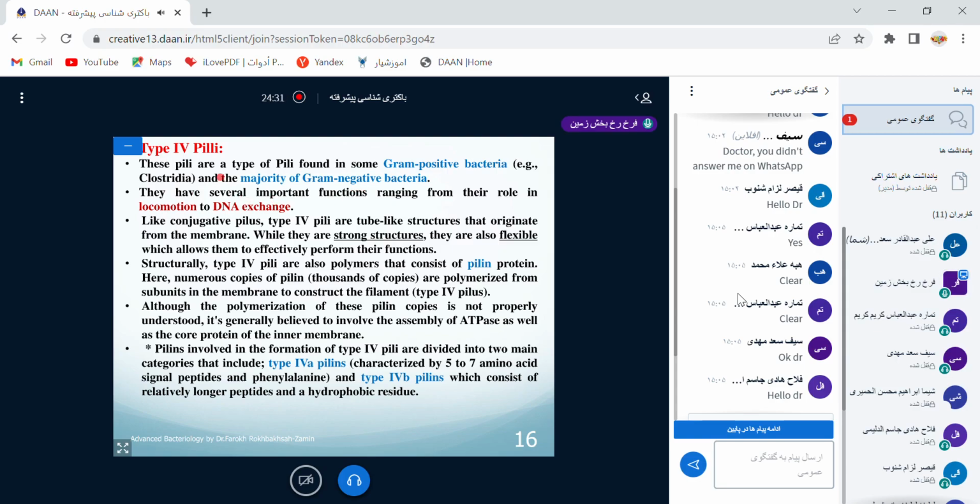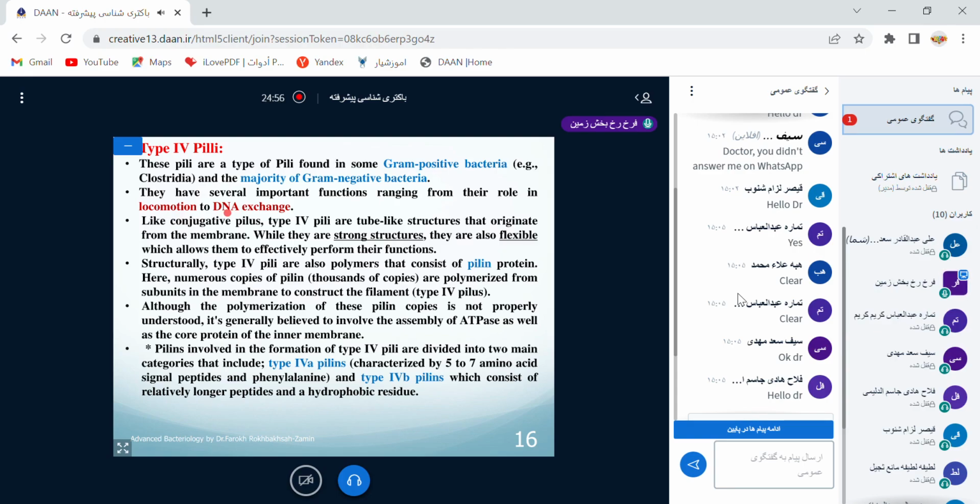So it can mostly be found in gram-negative bacteria, and in some gram-positive, especially Clostridia. They have several important functions, ranging from their role in locomotion to DNA exchange.